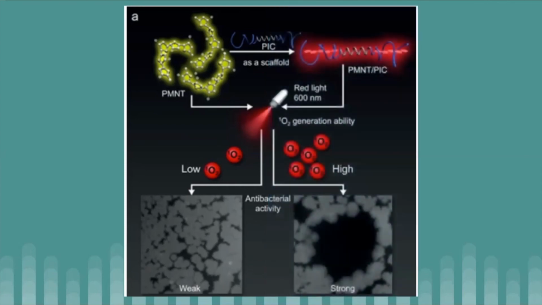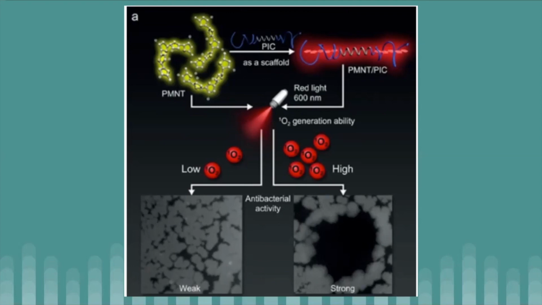However, with this hydrogel, they took the pigment and they introduced PIC, which is a collagen structure. And when introduced to pigment, it creates a conformational change and focuses the particles so that when red light is introduced, there's an increase in ROSs that are generated. This increase in ROSs has a stronger antibacterial activity.